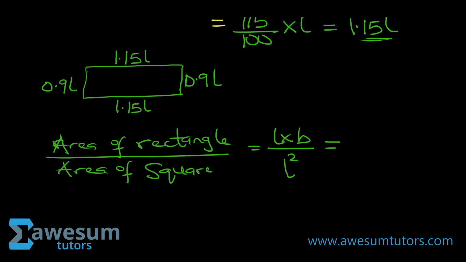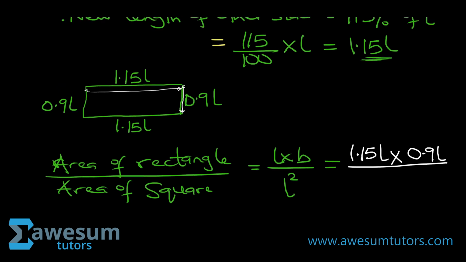This is the length, from here to here, and that is 1.15 L, times the breadth, or the width, from here to here. So that is going to be 0.9 L. Very good, guys. Divided by the area of the square, which is L squared.